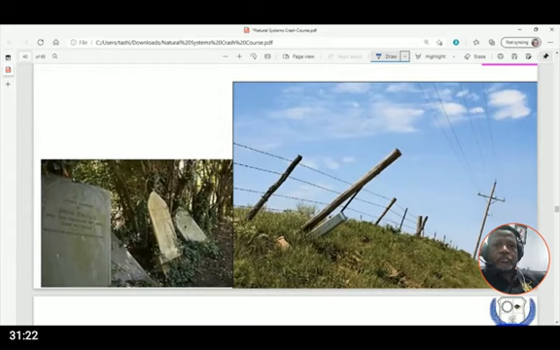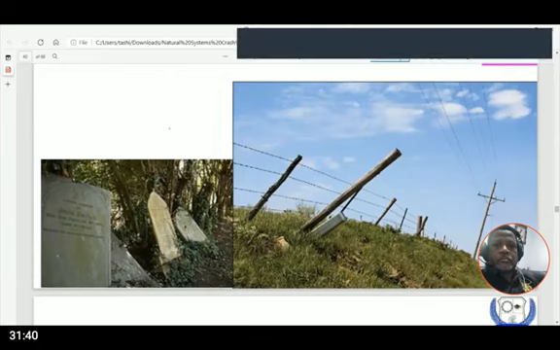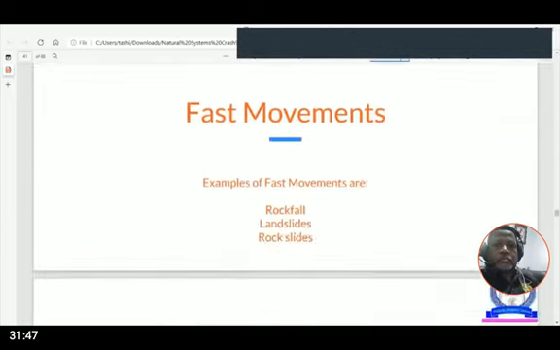It's just that soil creep is taking place in that particular area. The other example is the bending of these fences here. It is showing that soil creep is actually taking place along this roadway. We can see the bend in the electricity poles as well. Those are our examples of soil creep taking place.